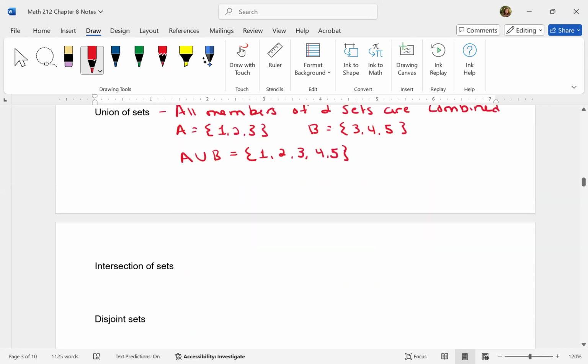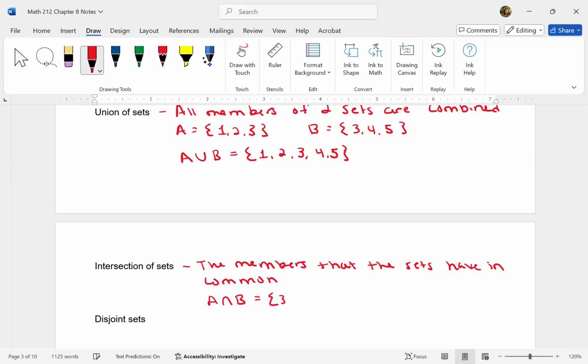Okay, intersection of sets is the members that these sets have in common. So in our above example, using the same A and B, to find the intersection, we use an upside down U. And for that one, the one member they have in common is 3.